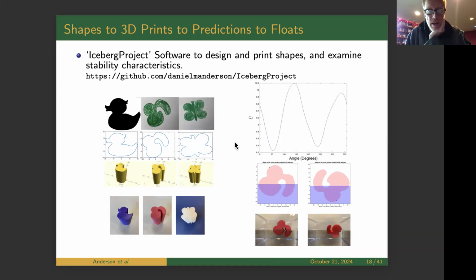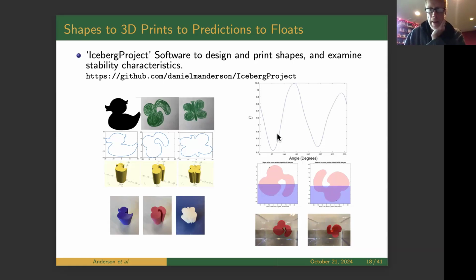You can run those shapes through the MATLAB code that we have that computes the potential energy as a function of angle. This particular case is for this middle print. One of the things we do is get the print, measure its mass, and then compute its effective density.